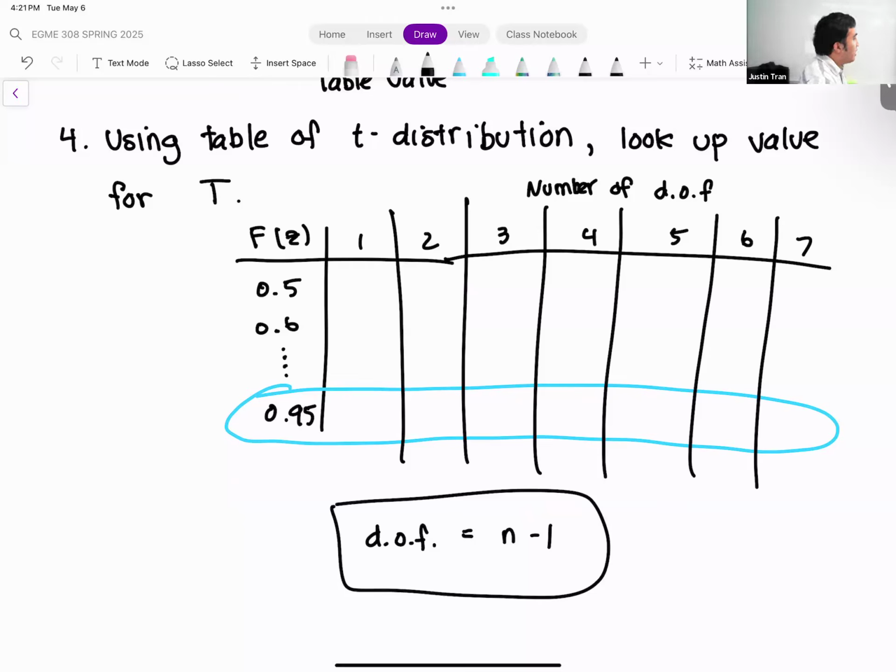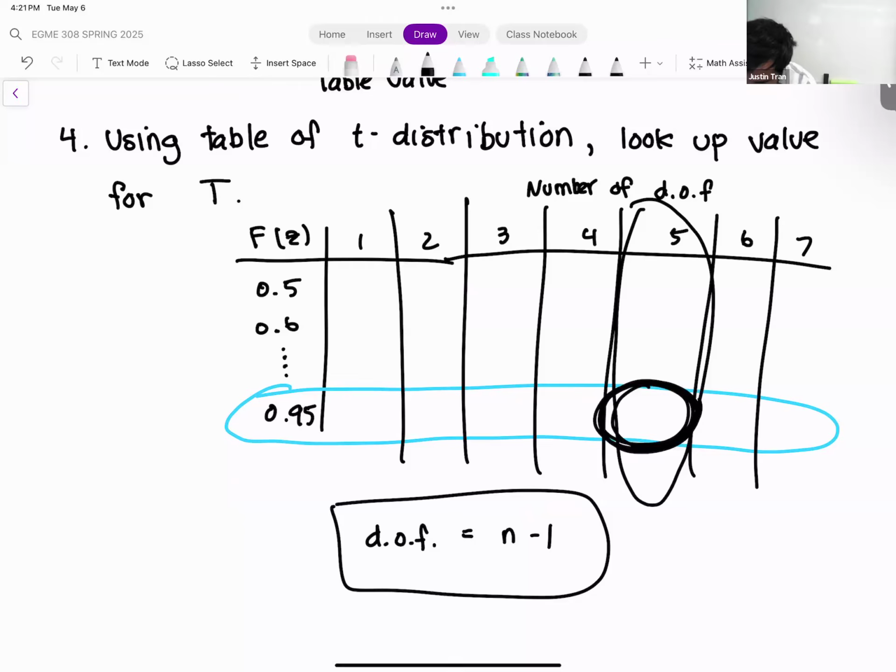So let's say that you ran 20 tests, then your degrees of freedom is going to be 19. That's 20 minus 1. Okay. And so you go to that column. And then wherever this row and this column intersect, this is going to be your value of capital T. Okay. And then if you have a left-sided alternative, just multiply this by -1. Okay, so this is the thing that you multiply by -1 for a left-sided alternative.